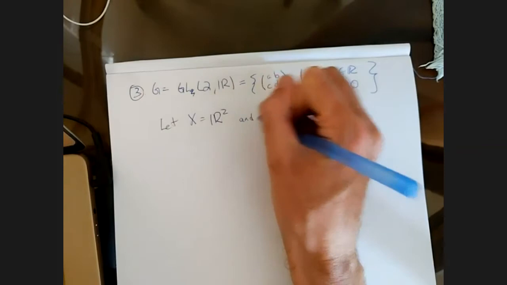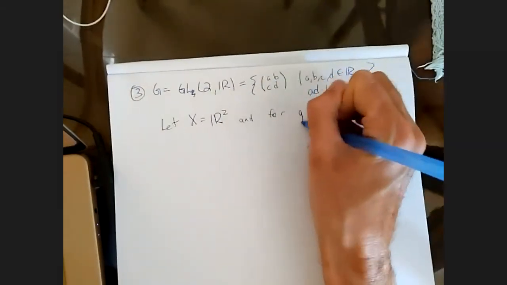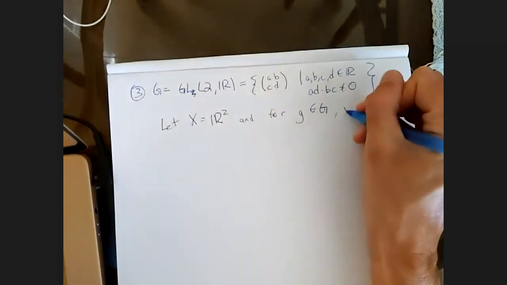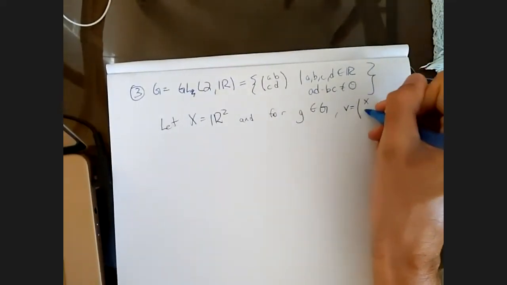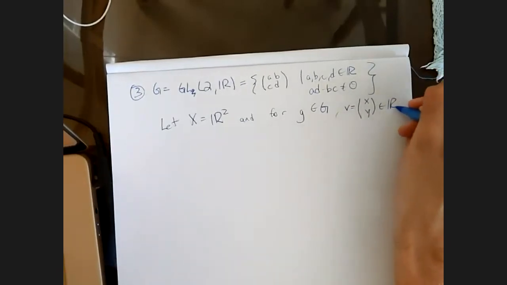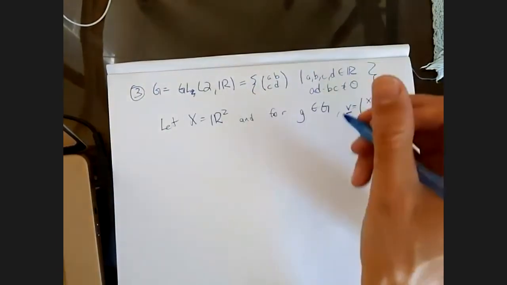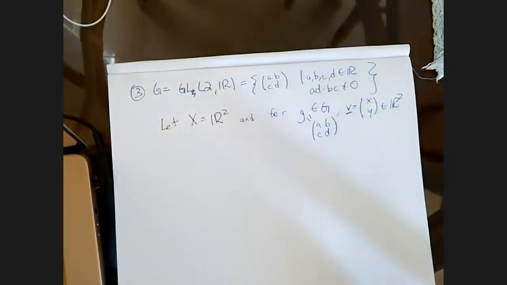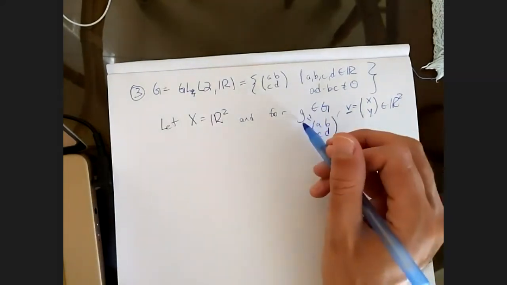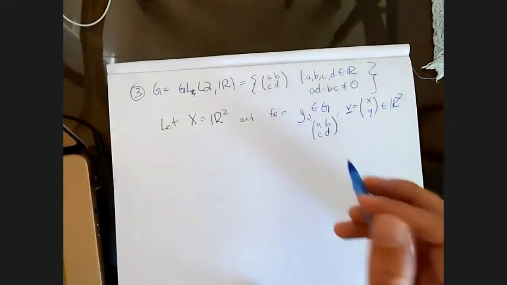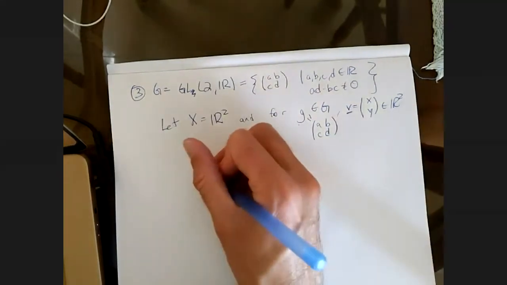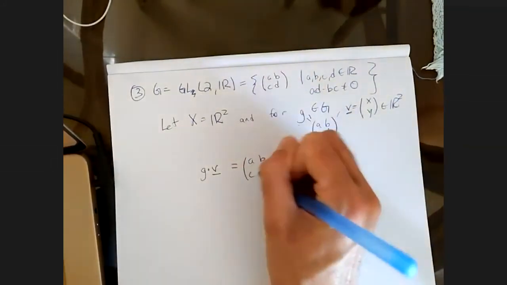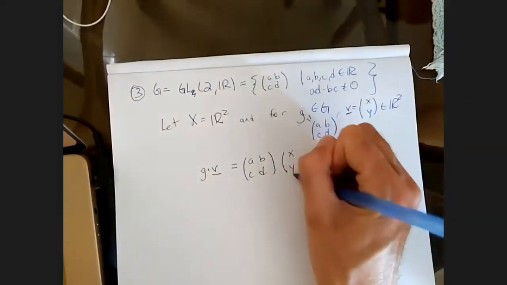If I have a 2x2 matrix G, which might be A, B, C, D, and a vector X, Y in R2, then I can combine G and the vector and get another vector. I can do that by just regular matrix multiplication.